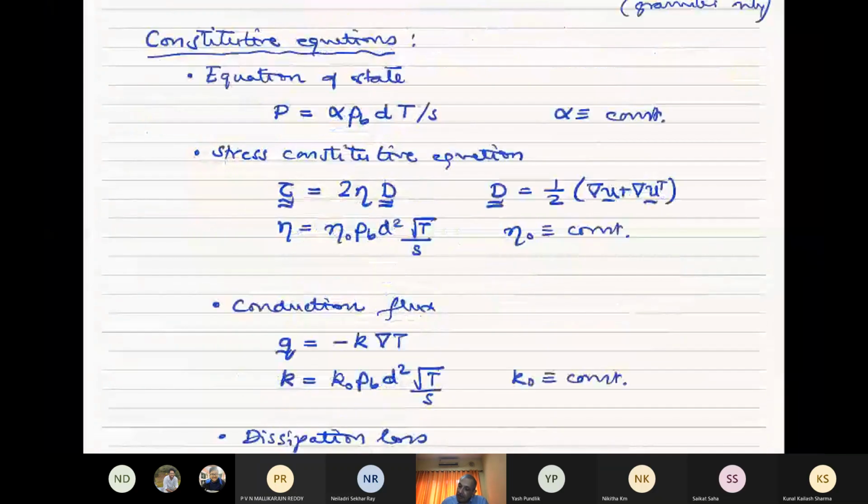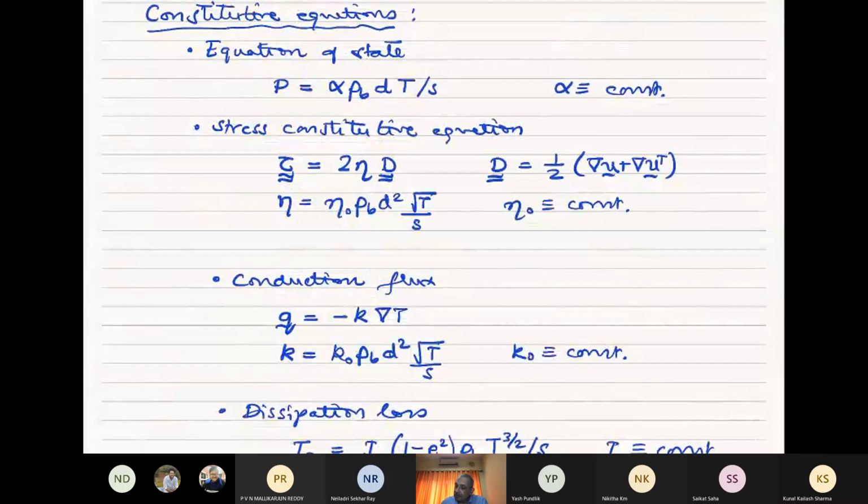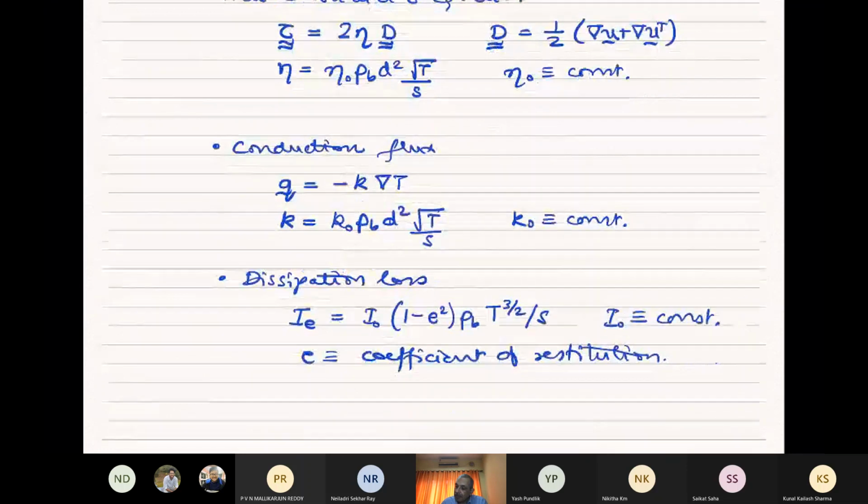And then we write down the constitutive models. These are all obtained entirely by just dimensional considerations. This is the pressure, this is the viscosity, this is the thermal conductivity, and this is the dissipation loss.